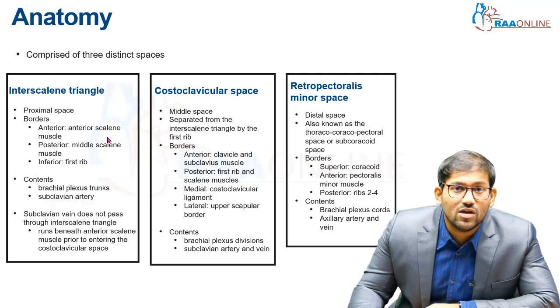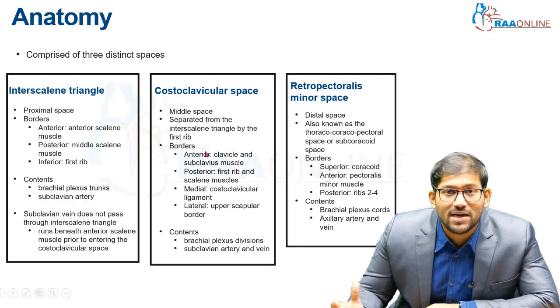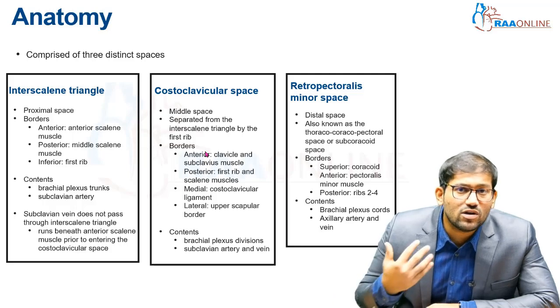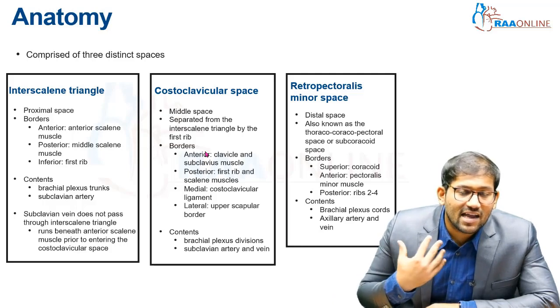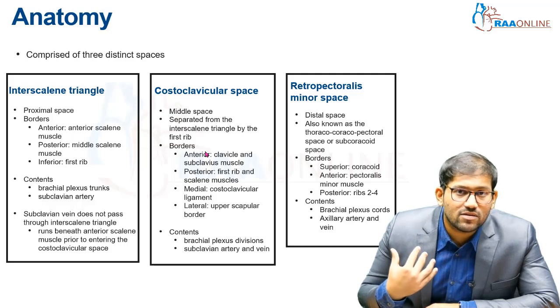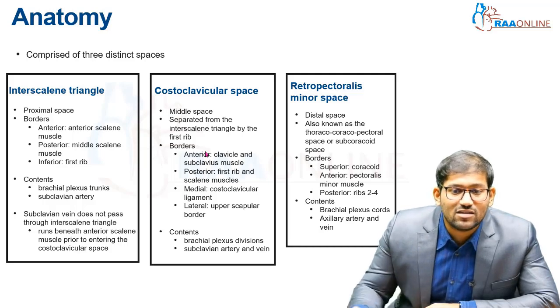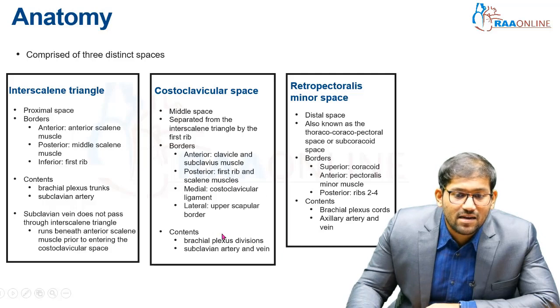This is something which adds on in your middle space, which is called your costoclavicular space. The costoclavicular space, as the word suggests, is between the clavicle and the first rib. So this contains both your brachial plexus as well as the artery and the vein. What is different in this?